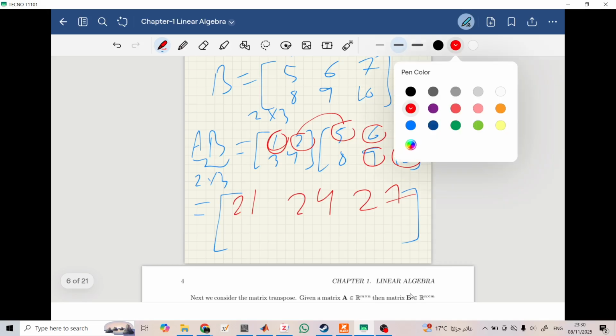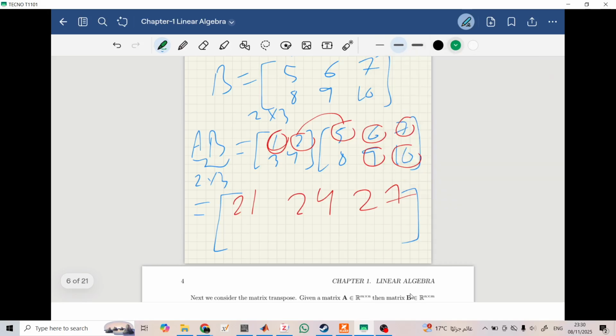Now let's change the color, go green. 3 times 5 is 15, plus 4 times 8, which is, now we have 55. Now we have 3 times 6 plus 4 times 7, which is 46.